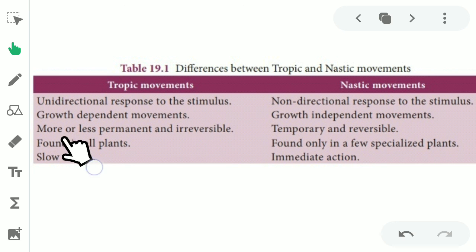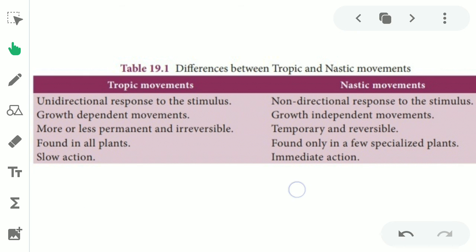It cannot come back. Nastic movement is temporary or reversible. It can come back. In the touch-me-not plant, if you touch it and the leaves fold, after some time they come back to the original position. That is reversible. Trophic movement is found in all plants, while nastic movement is found only in a few specialized plants.